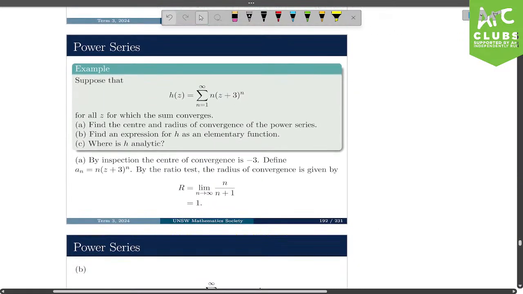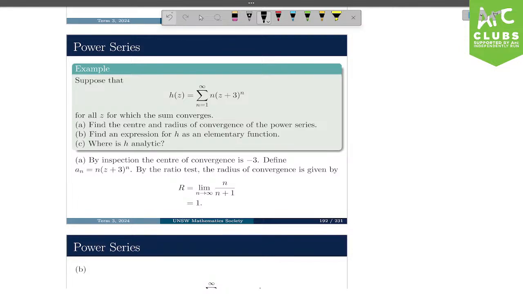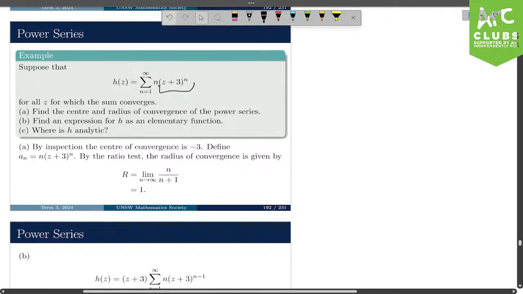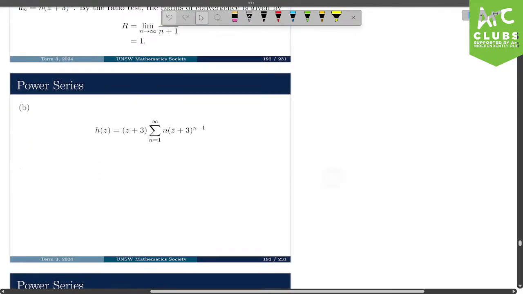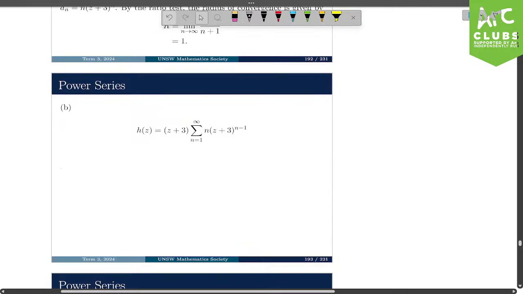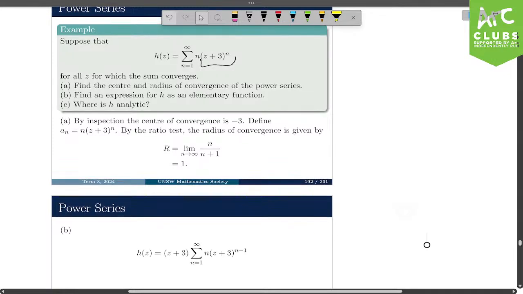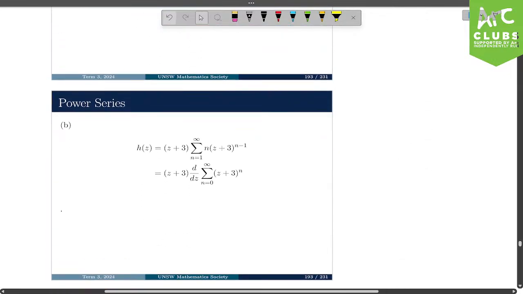Fantastic. Let's keep on moving. So, find an expression for h as an elementary function. Well, we have a sum of powers. Let's think about this. It kind of works itself out, but we have an n, we want to get rid of n.